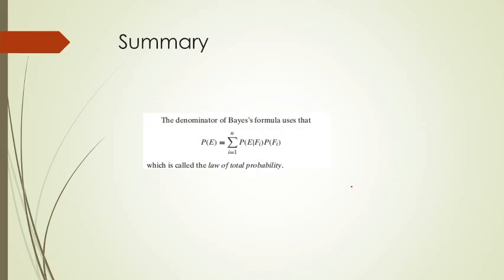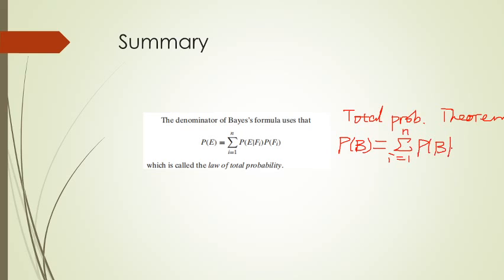So this denominator, in our textbook, is called the law of total probability. That is also what we call the total probability theorem in another textbook, okay? It's the same thing. Total probability theorem, we use B. So that is the summation over i from 1 to n of the conditional probability of B given Aj times the probability of Aj.